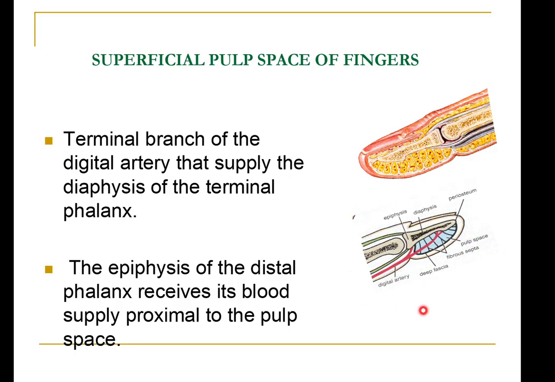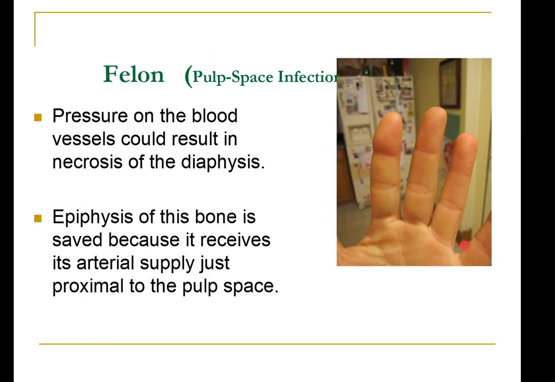Now, this is of surgical importance because if there is an infection in the pulp space for a long time, it can result in avascular necrosis of the diaphysis. But the epiphysis of this bone is saved because its arterial supply is just proximal to the pulp space.